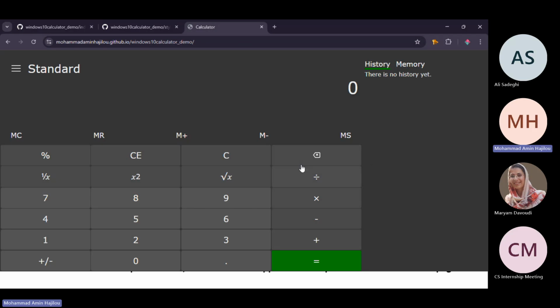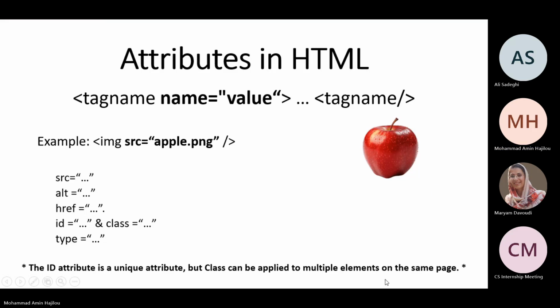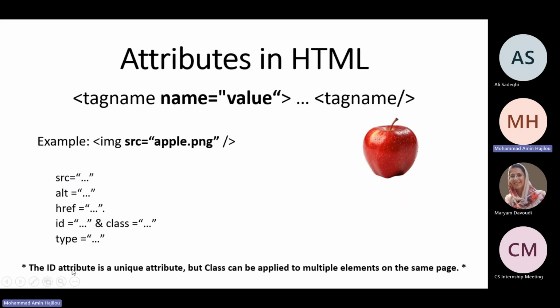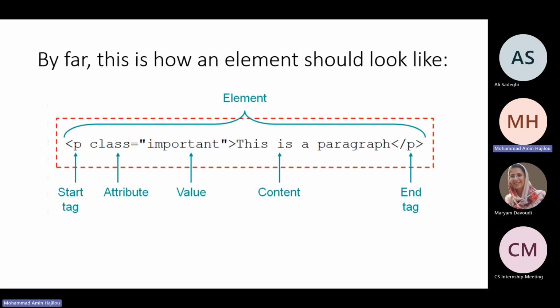Some of these buttons are darker than the others. You use ID as a unique attribute and manipulate that in JavaScript. By far, this is how an element should look in HTML. This is a starting tag, this is an end tag, the content goes inside of them, and this is an attribute and value.